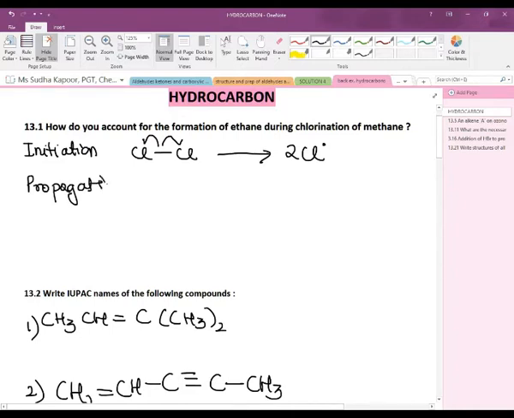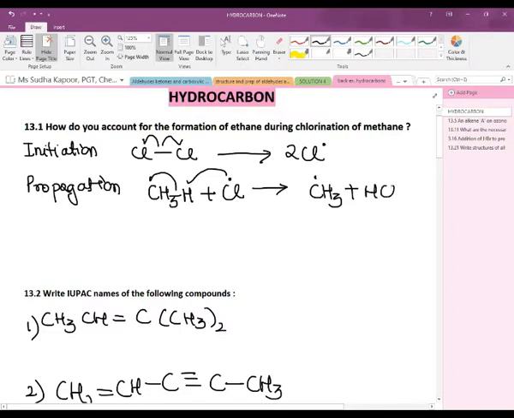Now during the propagation step, the methane, that is CH3-H, reacts with the chlorine free radical. The bond is shifted on this side and the chlorine free radical reacts with H, forming the methyl free radical along with HCl.